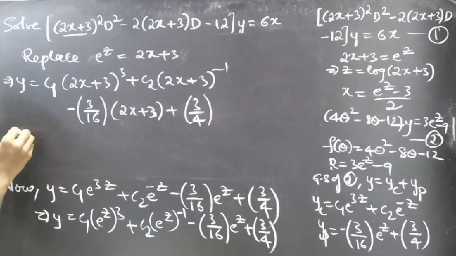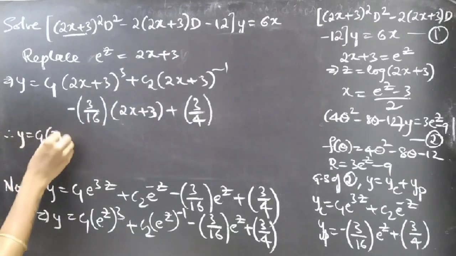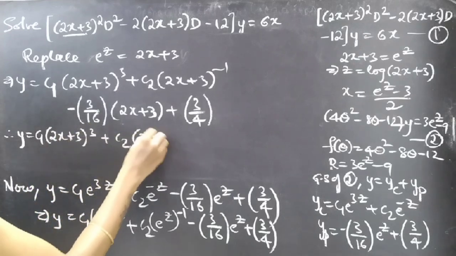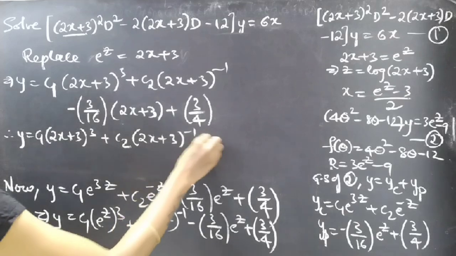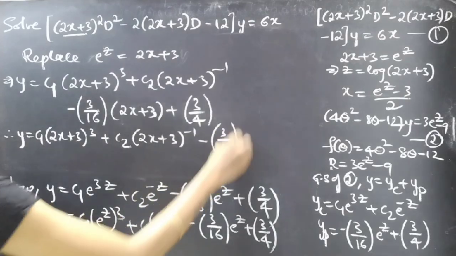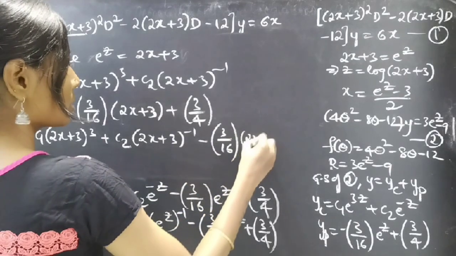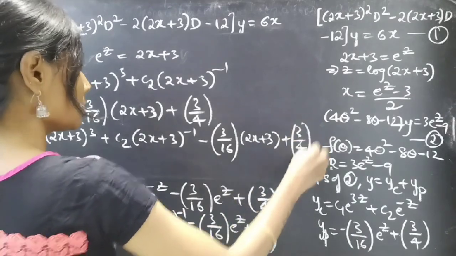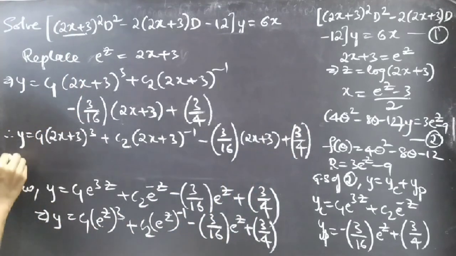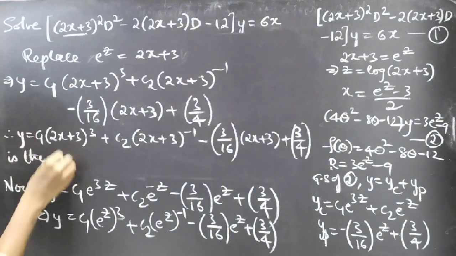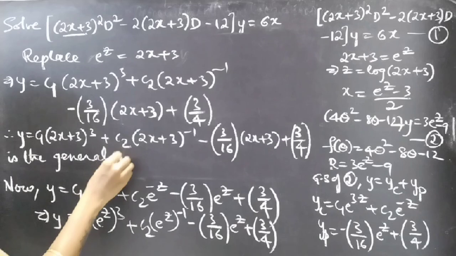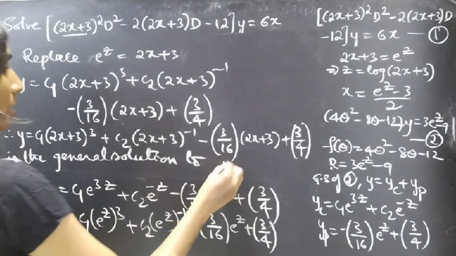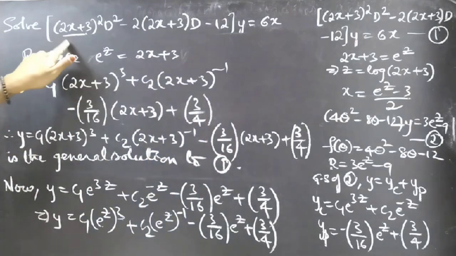Therefore y equals c1 into 2x plus 3 whole cube plus c2 into 2x plus 3 power minus 1 minus 3 by 16 into 2x plus 3 plus 3 by 4 is the required solution, the general solution to equation 1, that is the given differential equation.